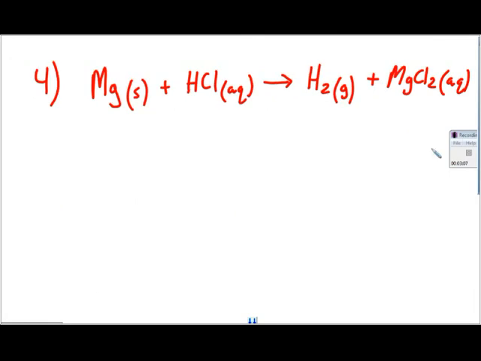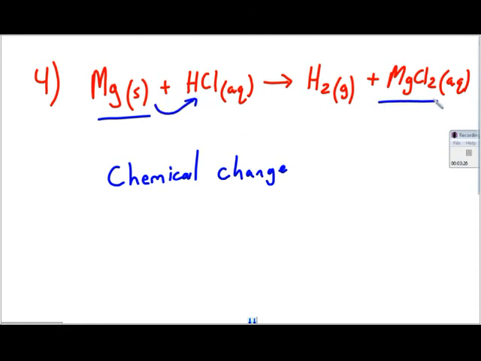Let's do one more here. Would this be a physical or chemical change? Hopefully you said chemical. Chemical change is correct. The reason why it's a chemical change is because we're producing new chemicals. We start out with magnesium by itself. Magnesium comes in and it links up with the chlorine during a chemical reaction while it's taking place.